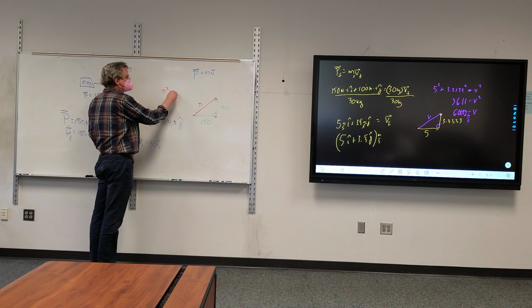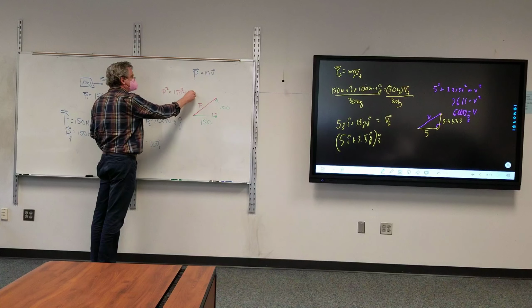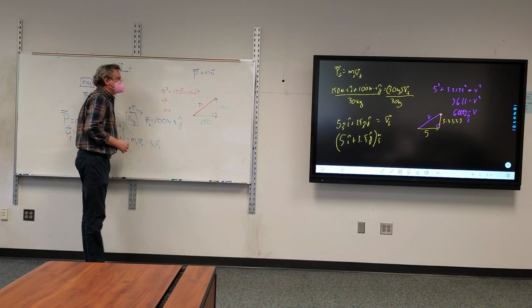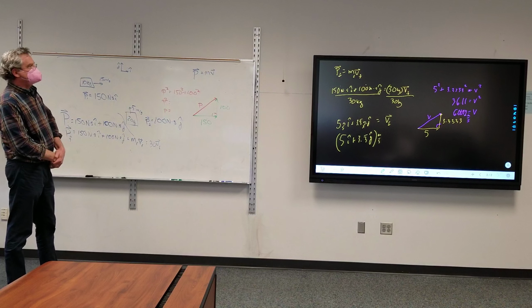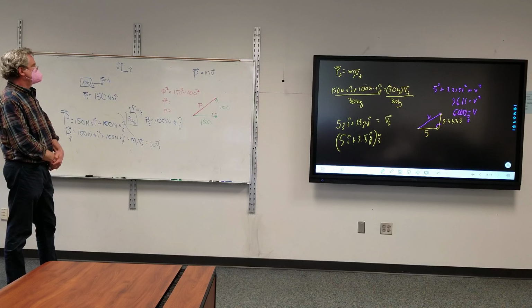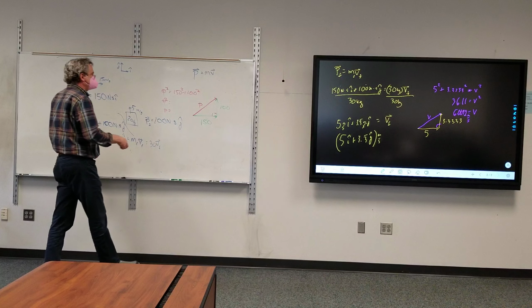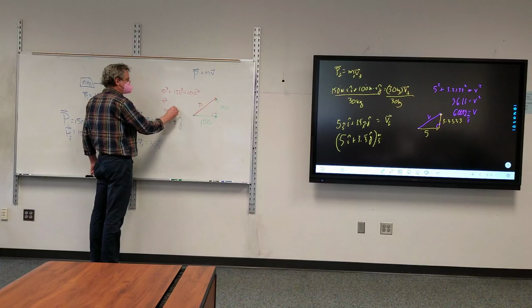So p squared is equal to 150 squared plus 100 squared. P squared is somewhere around 180. Yeah, 180.28. Units? Newton seconds. Okay.